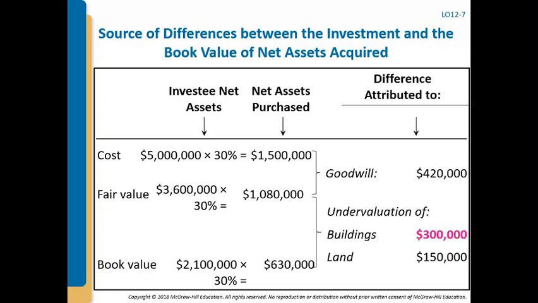And what you see below actually is the book value of these net assets, which is the 2.1 million. And so United's portion of the book value is 30%.